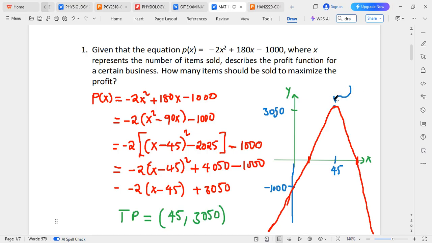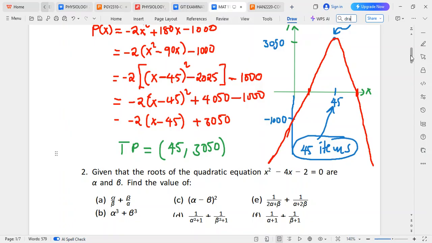So maximum profit is here. The maximum profit was 3050. That's the maximum profit. So how many items have been sold? You can see it's 45. 45 items have been sold for you to attain maximum profit. That is how you find that one. Does it make sense?